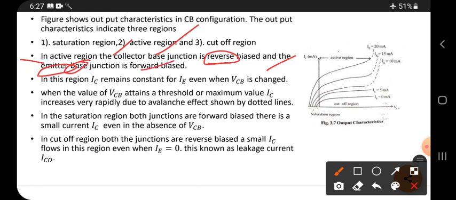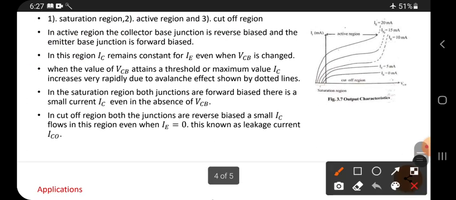So if the transistor has to work in active region, then the input section must be in forward bias and the output section must be in reverse bias. In this region, IC remains constant for a given IE even when VCB is changed.